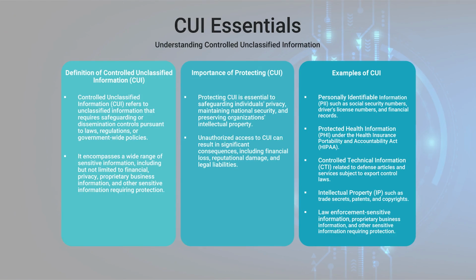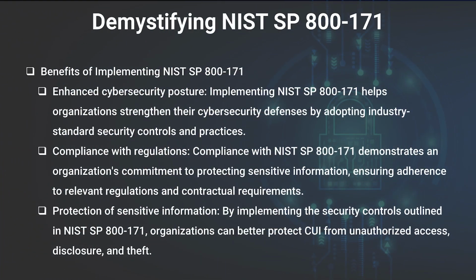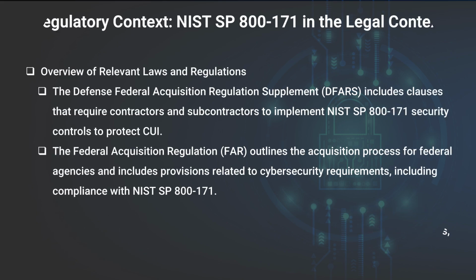Section 1 will cover Controlled Unclassified Information Essentials. We will jump into demystifying the benefits, needs, and popularity of NIST SP 800-171. We will navigate through the regulatory context of NIST SP 800-171 in the legal landscape.